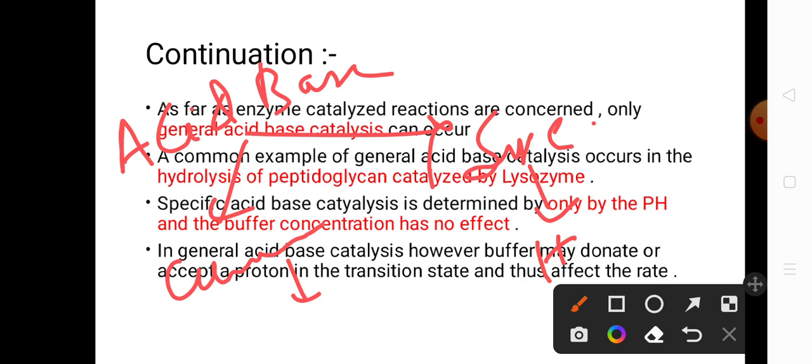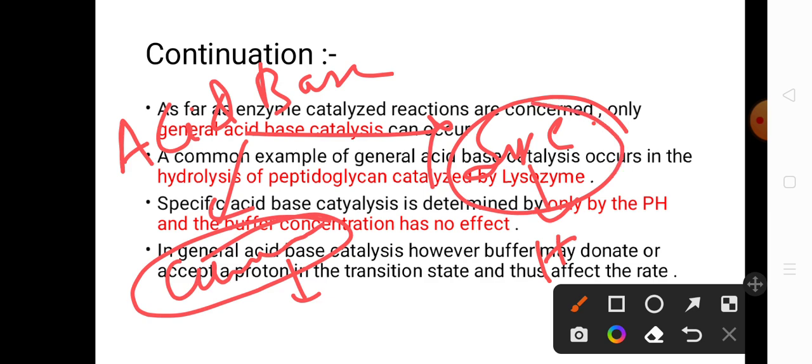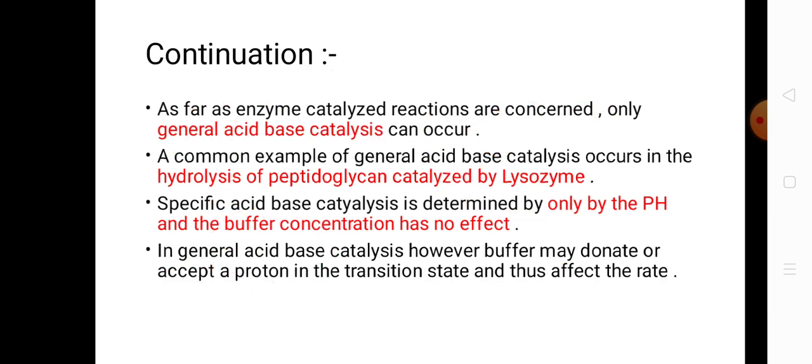In general acid base catalysis, remember, the charged amino acids present on the enzyme will play the role of acid and base, especially their functional group. Okay. And in general acid base catalysis, remember it depends on pH and buffer concentration. But in specific acid base catalysis, it only depends on pH. So that is the idea of our acid base catalysis.